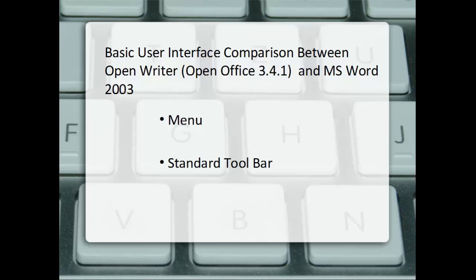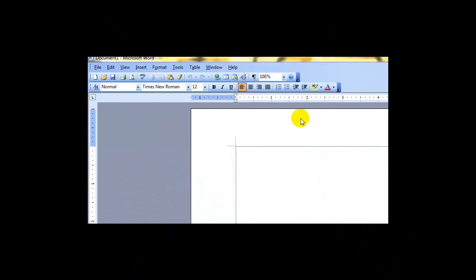Standard toolbar. These are the standard buttons for MS Word 2003. You have the new, open, save, print, and the rest of it. As I scroll to the right, you could also customize it if you want to.